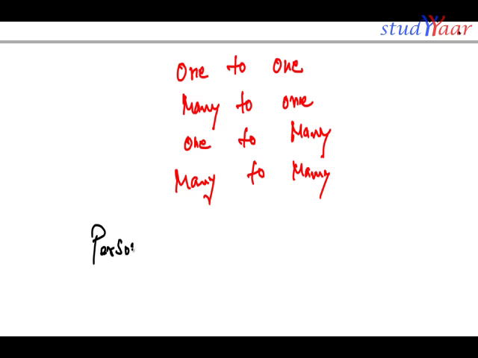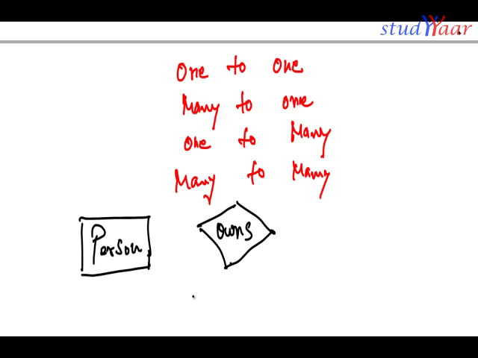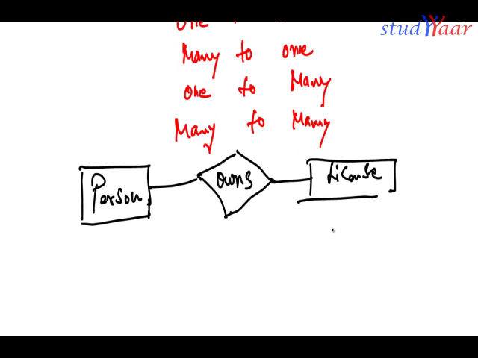Now let's look at the 1-to-1 kind of relationship. Person owns a license. So this is a 1-to-1 kind of relationship because every person is allowed to own only one license. Let's just assume that this is so, okay?